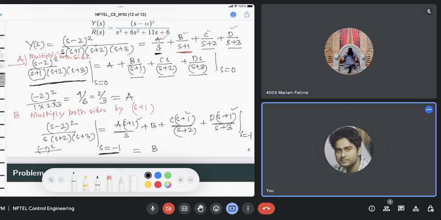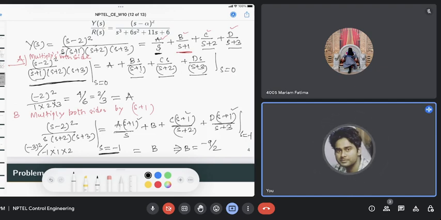Taking s equal to minus 1, it will be minus 1 minus 2, so minus 3 square by minus 1 into 1 into 2, right? So this implies that b equal to, we just solve this, 9 by 2, minus 9 because of this, so minus 9 by 2.